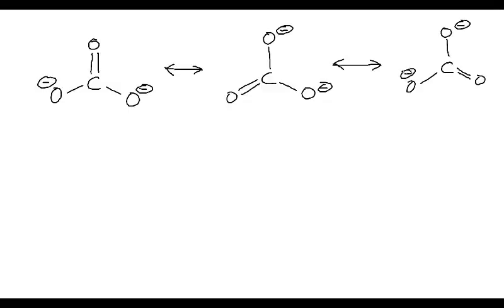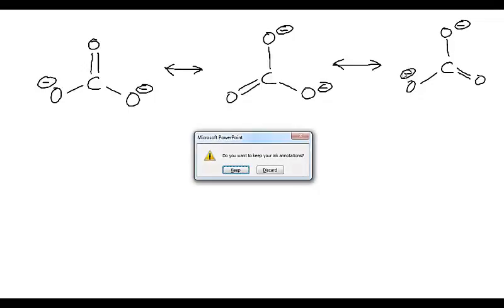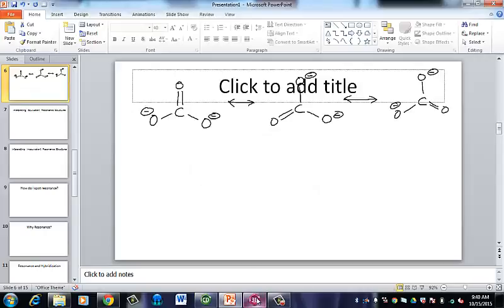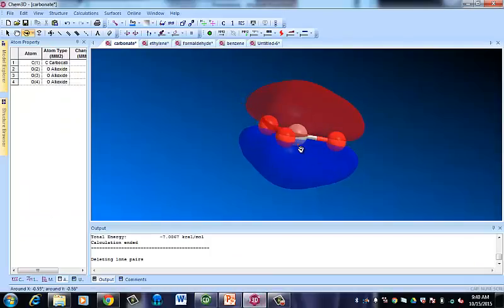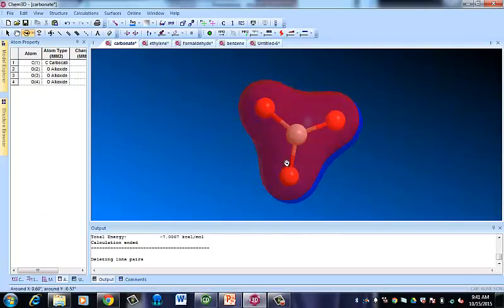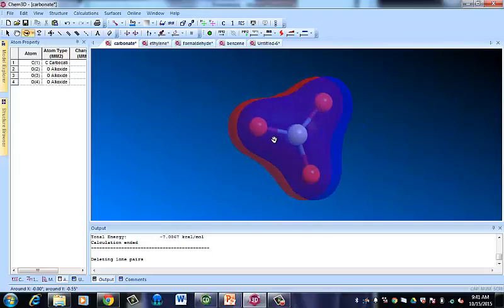Like this. So there's one pi bond that's spread over all 4 atoms, over the carbon and all 3 oxygens, and this is what it looks like to have one pi bond spread over those atoms.